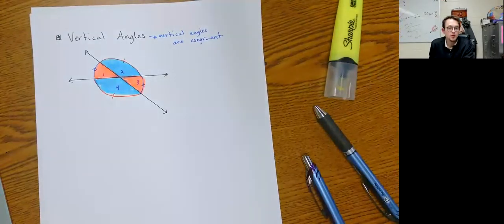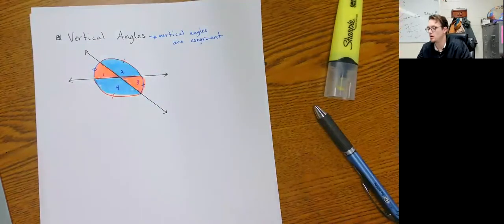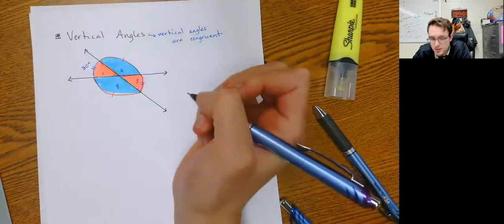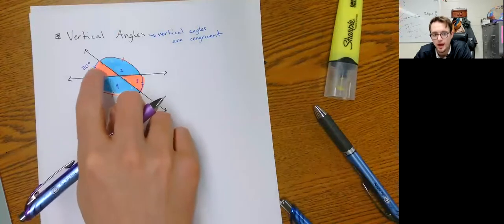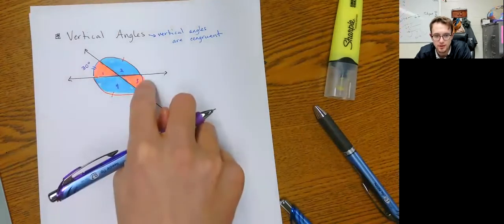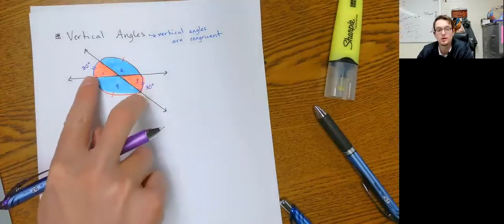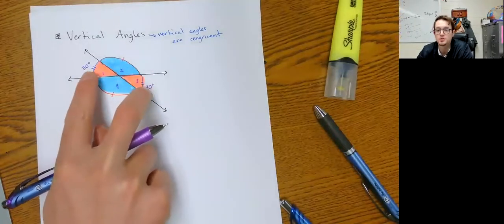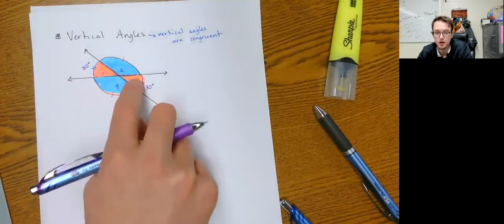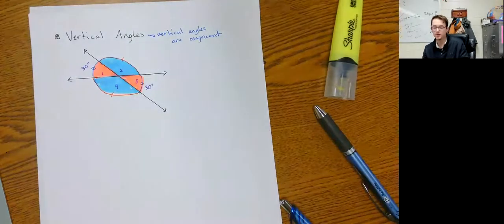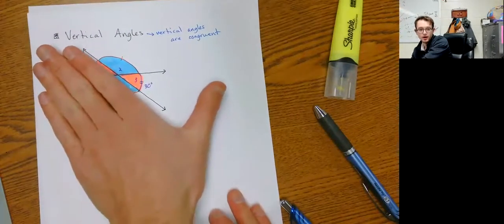Now, how you can use this is if I actually have one of these angles, I can find the rest. So if I knew that this was 30 degrees, well, angle 1 is vertical of angle 3. So this also has to be 30 because if they're congruent, they're equal. So vertical angles are congruent, which means they're equal, so 30, 30. Okay, well, now you can use some information that I just went over, a linear pair.